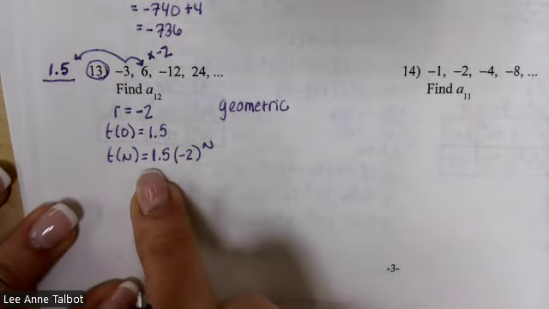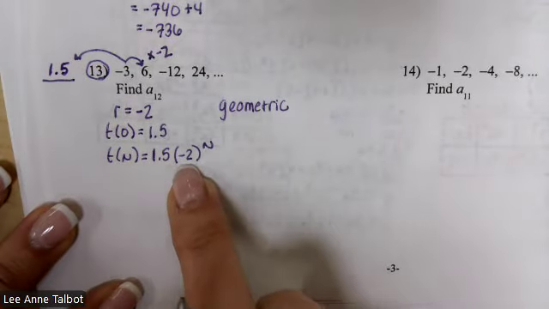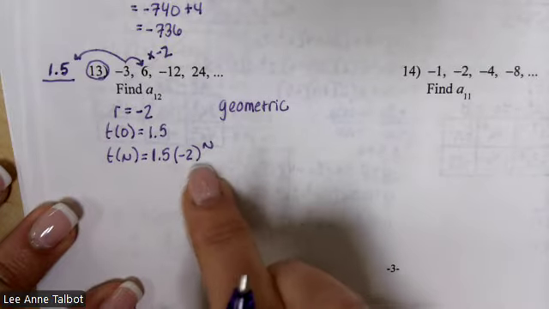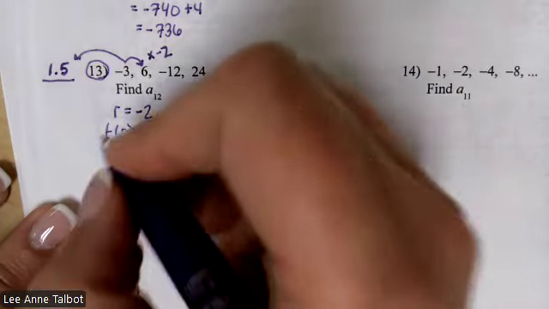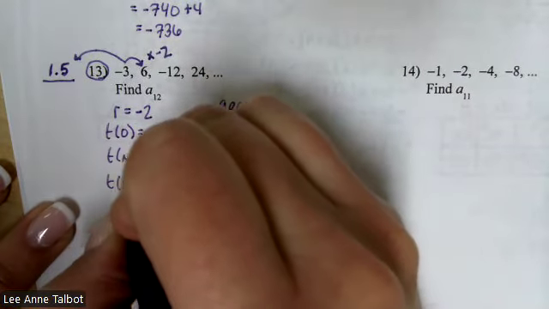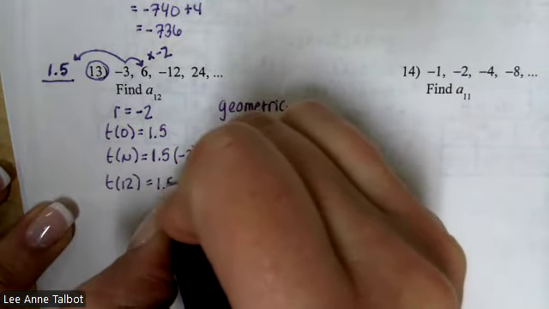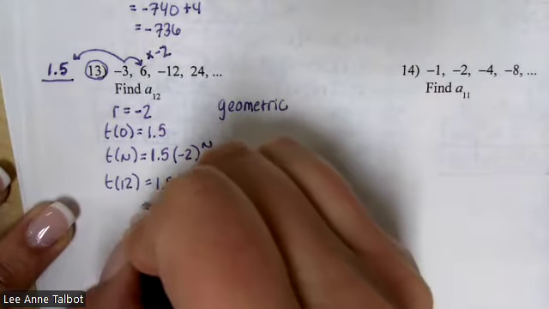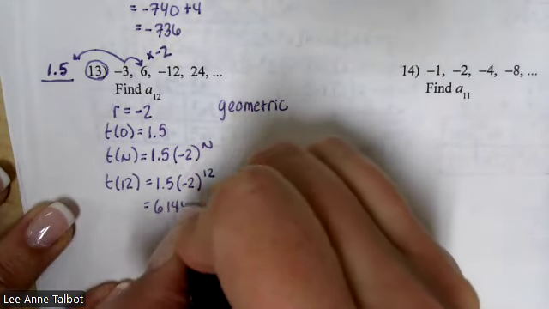So term 0 times r to the n. So f of x equals a b to the x. And then we plug in, we want term 12. And I just did this on the calculator, 6,144.